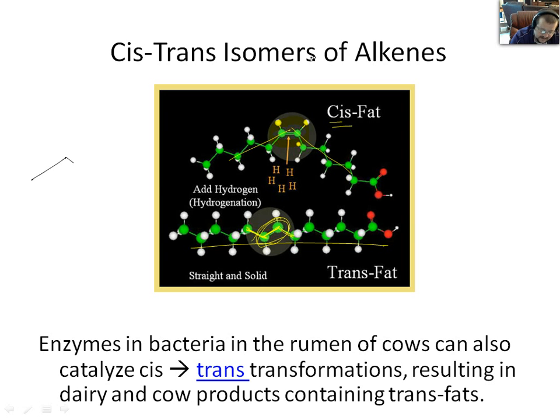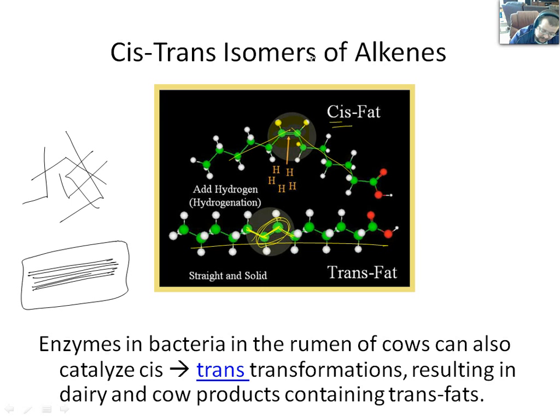Cis fats have these kinks in them that are brought about by the double bonds. But when we have trans fats, because they're relatively straight, they're going to pack very, very well. So when you think of artery clogging capability, trans fats are going to be a little more solid when they pack than cis fats because of all the kinks in their chains.